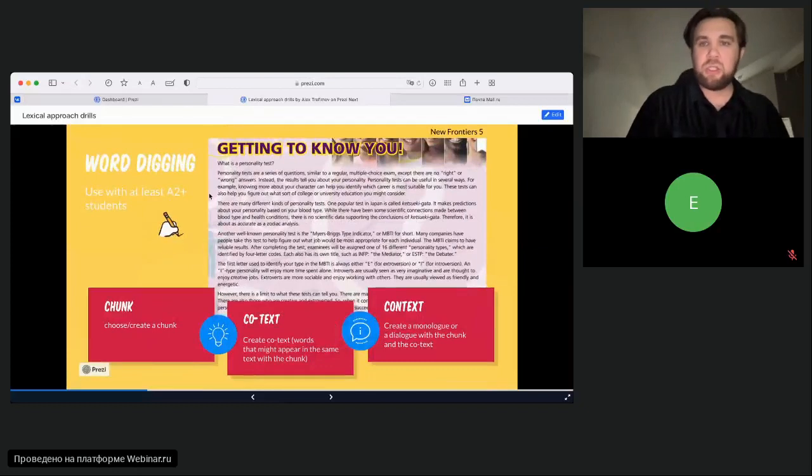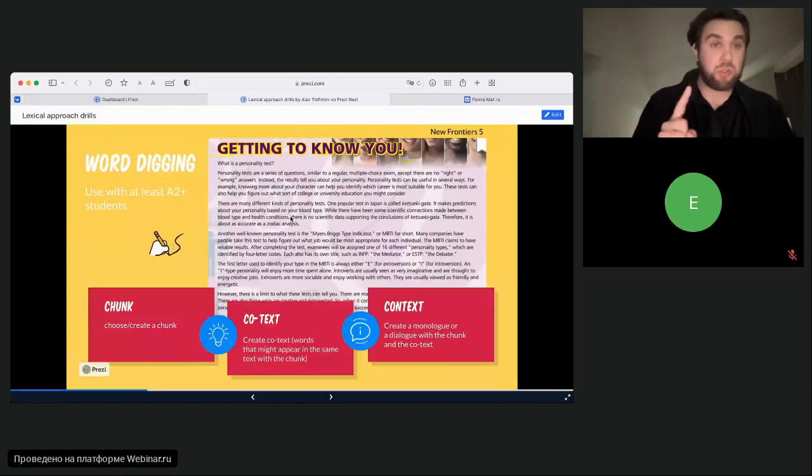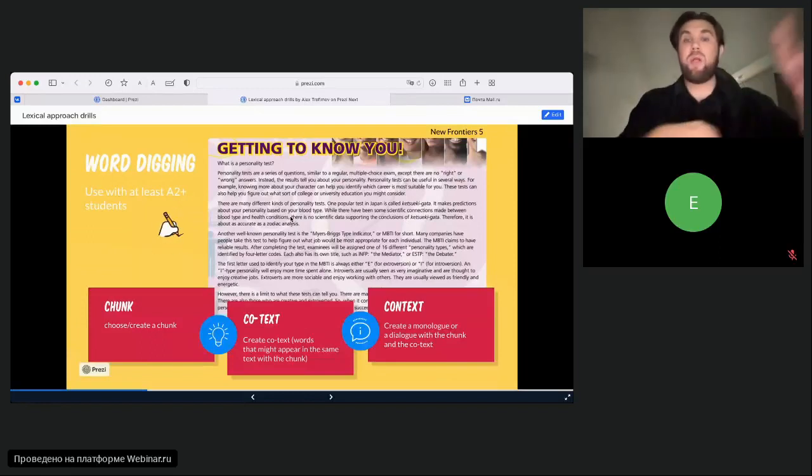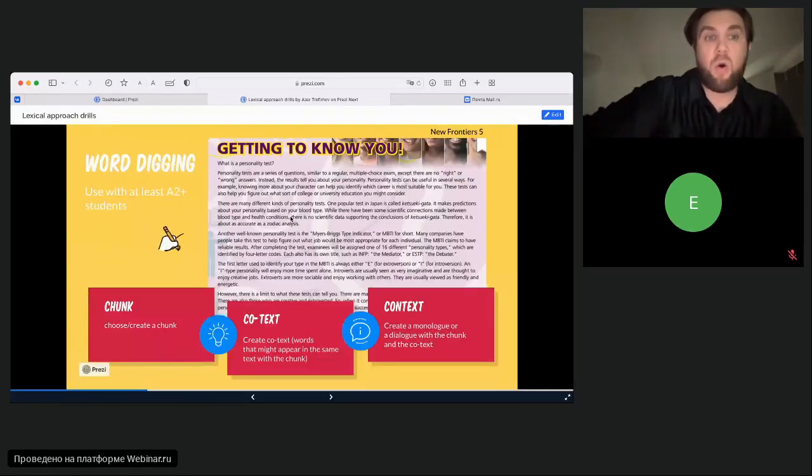With this drill, I also have a screenshot from New Frontiers 5, and here we are going to deal with emerged vocabulary. So you don't see a vocabulary set here. Me as a teacher, or maybe my students, this is also a nice exercise, will choose the chunks or the words that we would like to practice here, and we are going to do a 3-step drill.